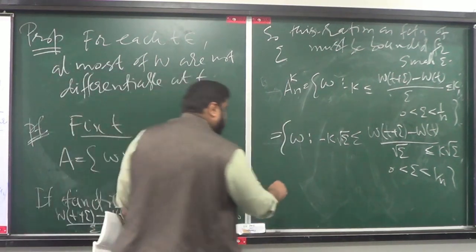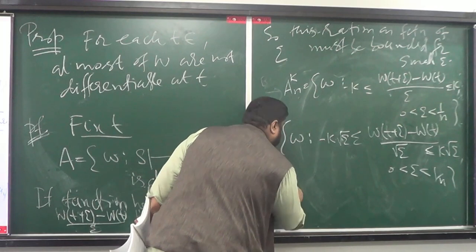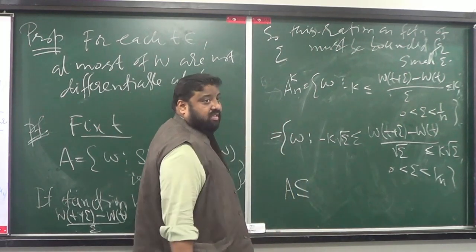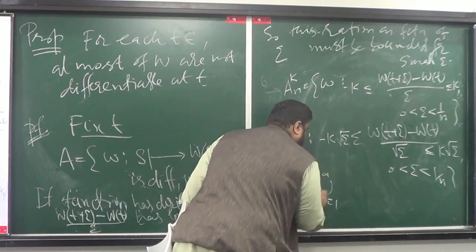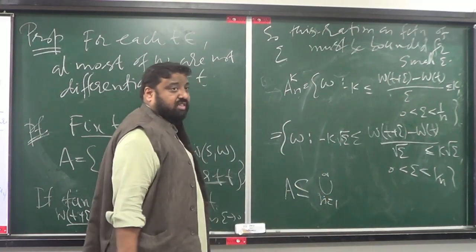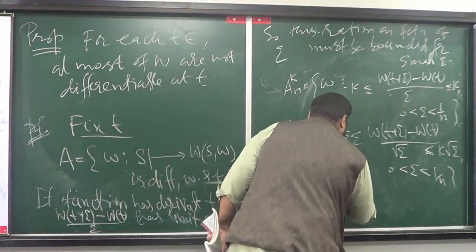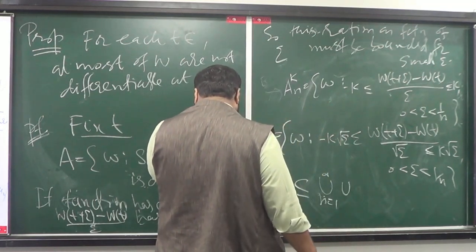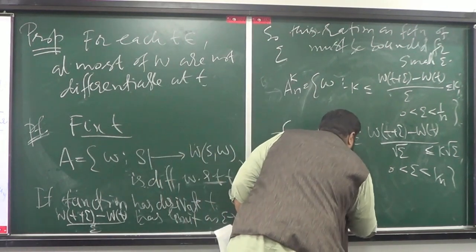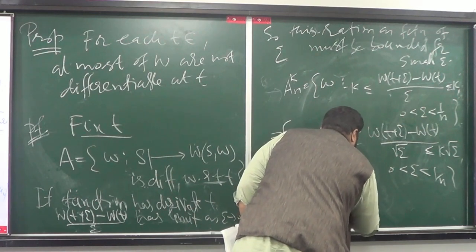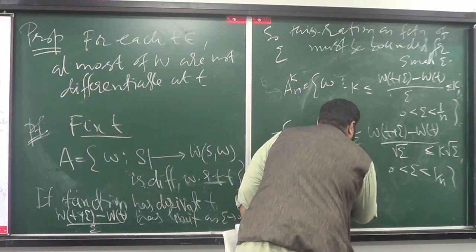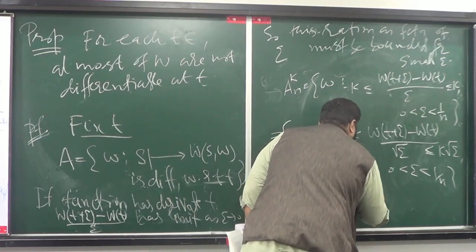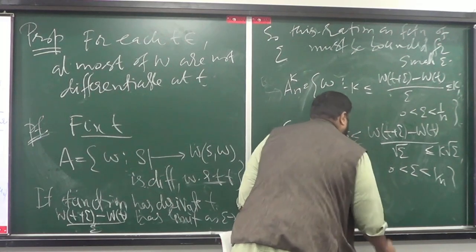In other words, I would say that A is a subset of the union over k equal to 1 to infinity and n equal to 1 to infinity of the sets A_{k,n}.